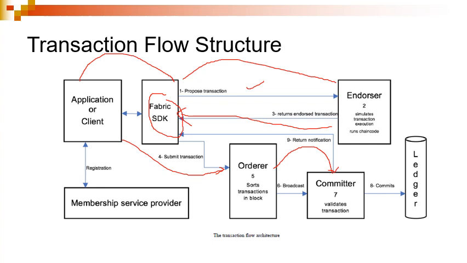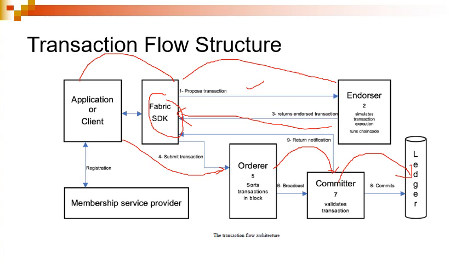After the transaction is validated by the committers, it is stored in the ledger. You can see the last step is the ledger, and the orderer will broadcast the transaction to all committers. Every committer has to validate and commit the transaction, and they will update their local copies via the consensus process if all the nodes agree to commit the transaction.